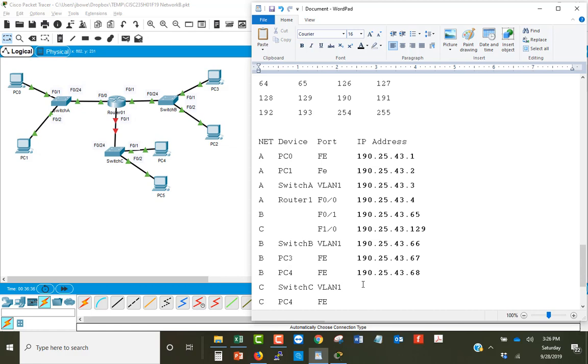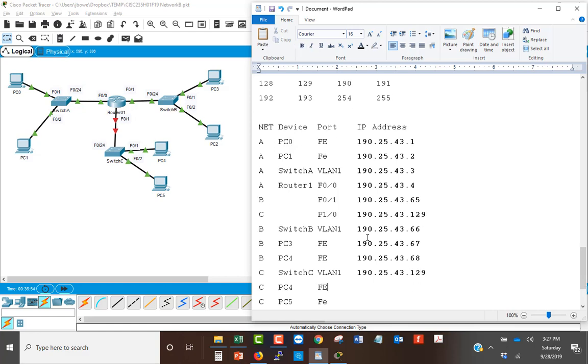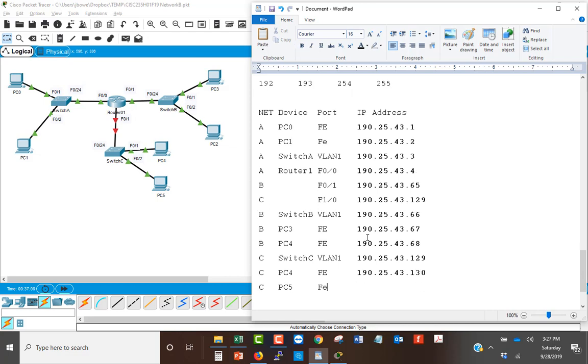Let's move on. Now we're going to go to our network C, which is at the bottom here, and our switch VLAN 1. That's got to be out of the third block, starting at 129. So I'm going to use 129. Then we'll do PC4, and we'll do 130 on that.